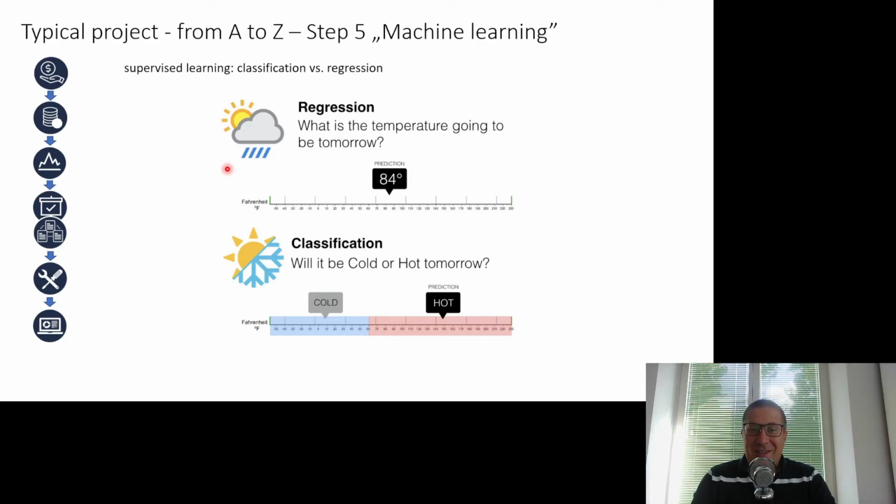So once again, the regression tries to guess the value, the number, to find a model between the input parameters and the output. So the regression model will tell us that tomorrow there will be 84 Fahrenheit outside. But the classification model will tell us, will it be hot or cold tomorrow, right?